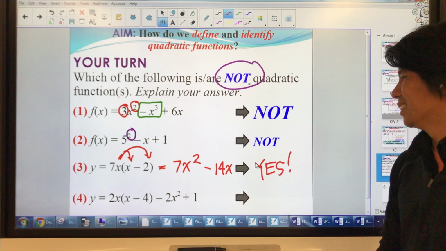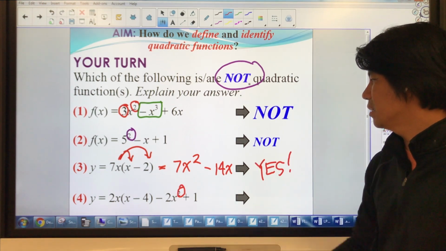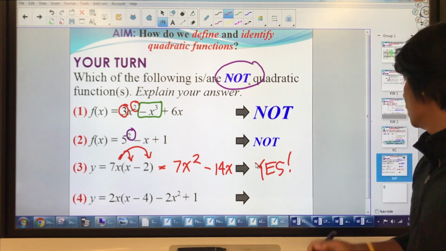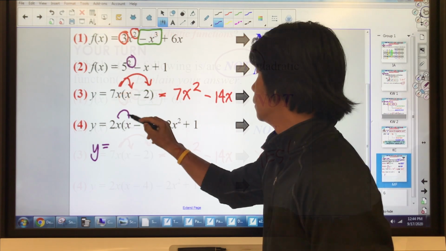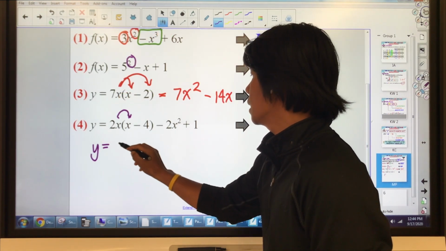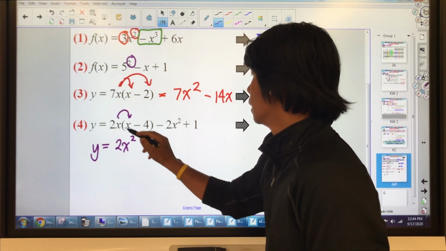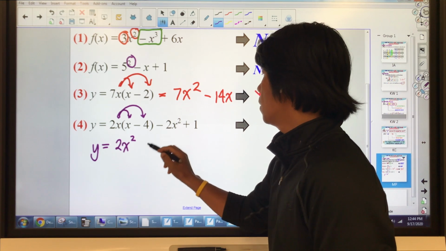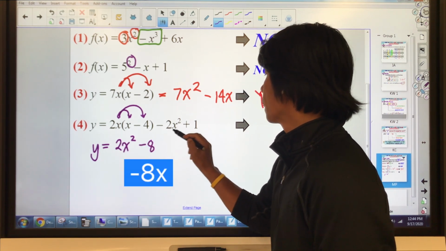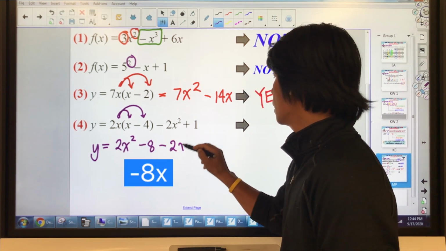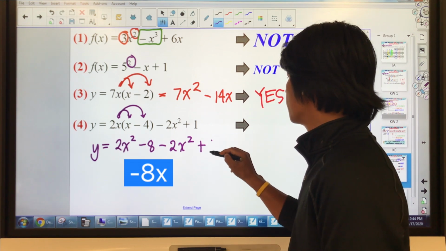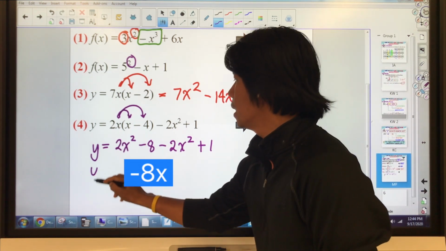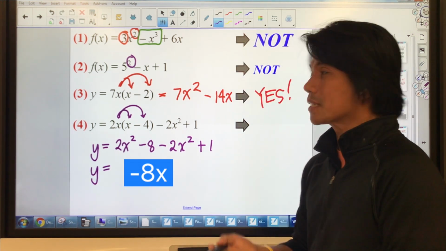How about this one? I see a second power. So is that quadratic? Let's see. So we distribute that. 2x times x is 2x squared. 2x times negative 4, that's negative 8. Then we keep this, minus 2x squared plus 1, right? So y equals, what do we do next?